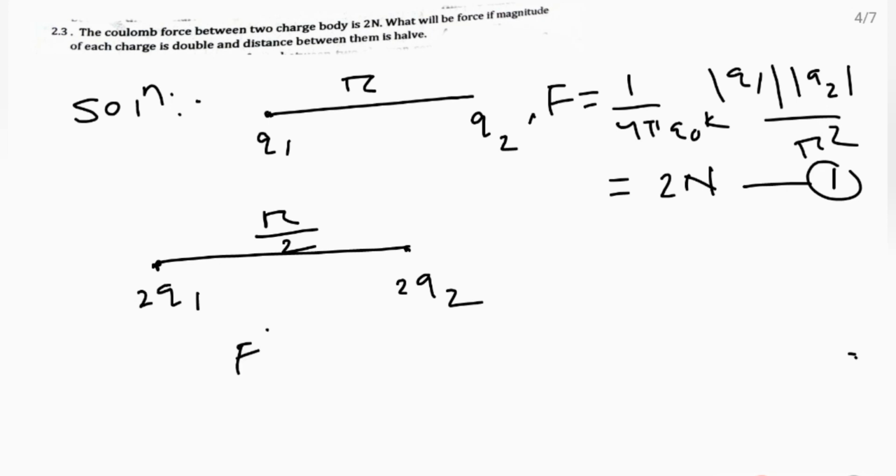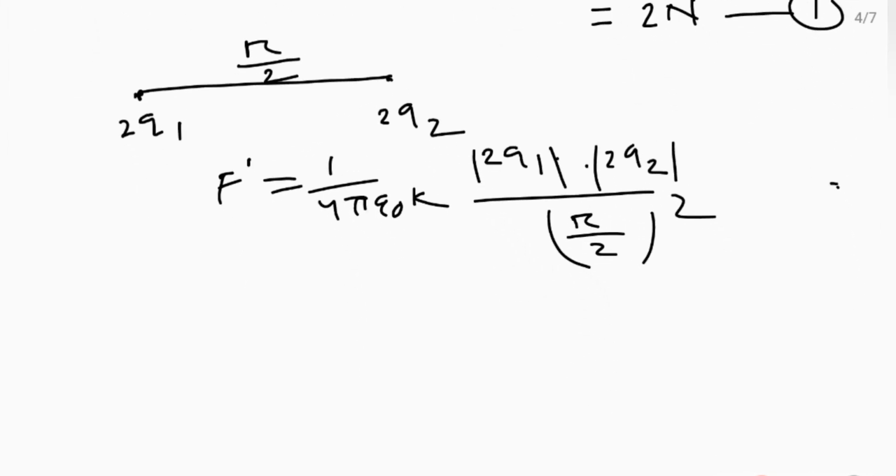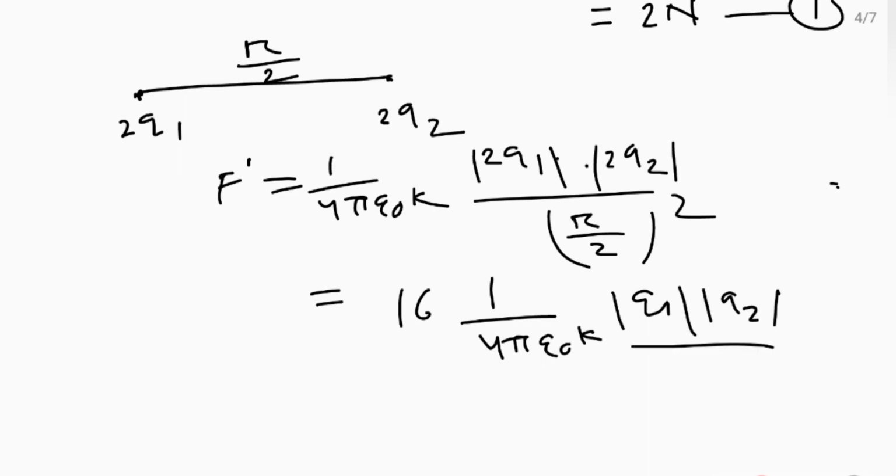We know the formula, F prime equal to 1 by 4 pi epsilon k, 2q1 modulus into 2q2 modulus by r by 2 whole square. If we solve, then it will be 16 times 1 by 4 pi epsilon k, q1 modulus into q2 modulus by r square.